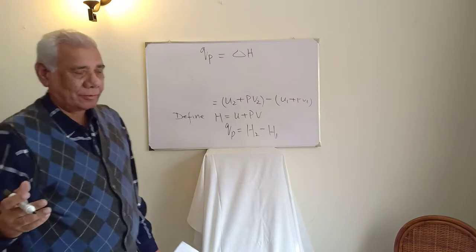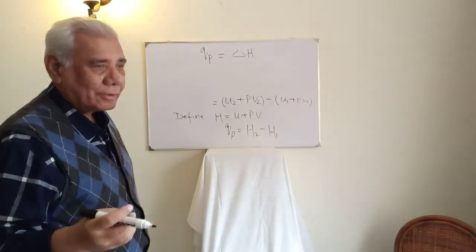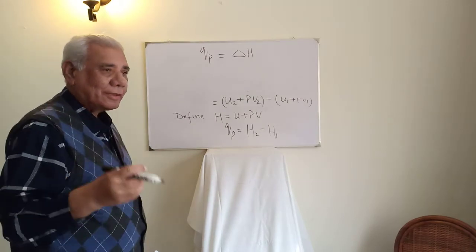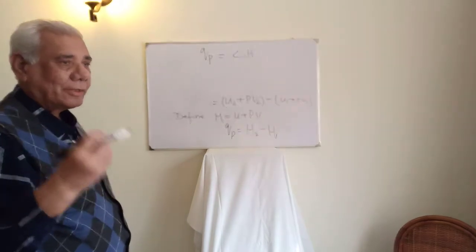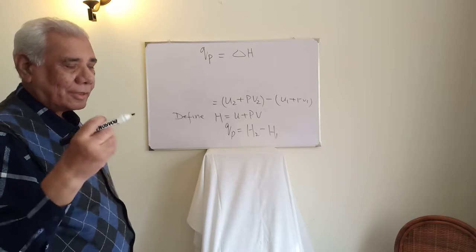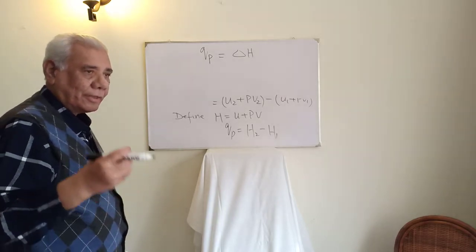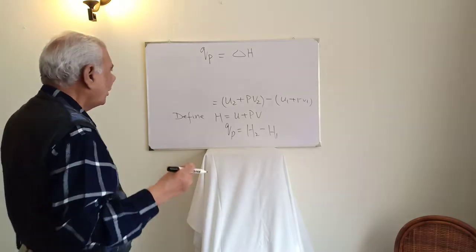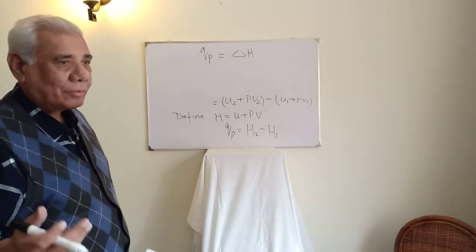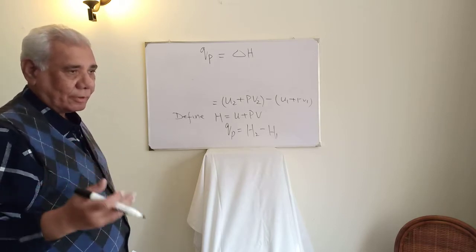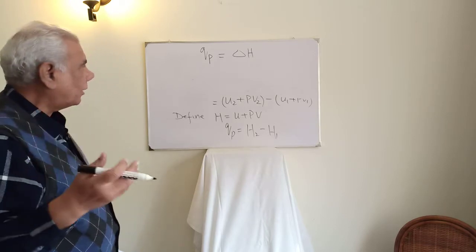For chemists, the enthalpy function is very important because delta H can directly be measured by measuring the heat transferred during a process which occurs at constant pressure. In our lab, we perform experiments at constant pressure.